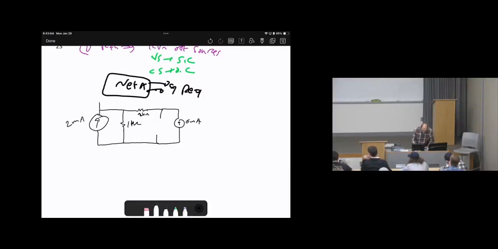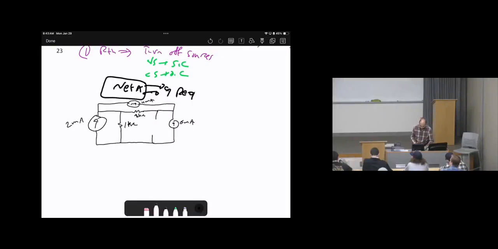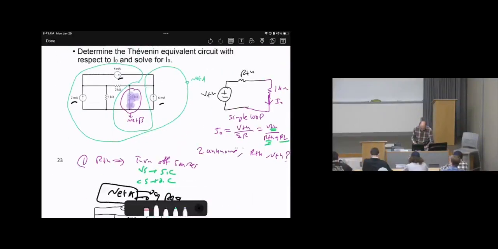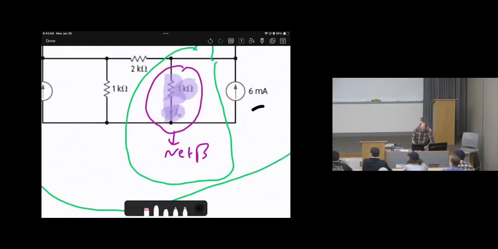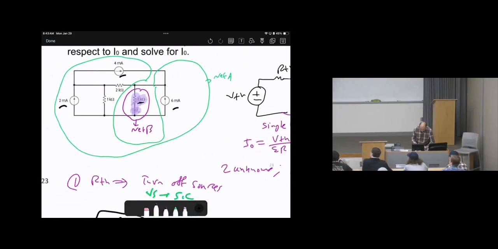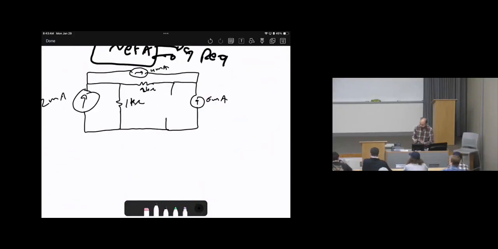Then here is 4 milliamperes. So this is network A. What's the difference between this one and this one is I just removed the 1 kilo ohm resistor. They are the same, but I removed the 1 kilo ohm because again, we will isolate only network A and forget about network B here.